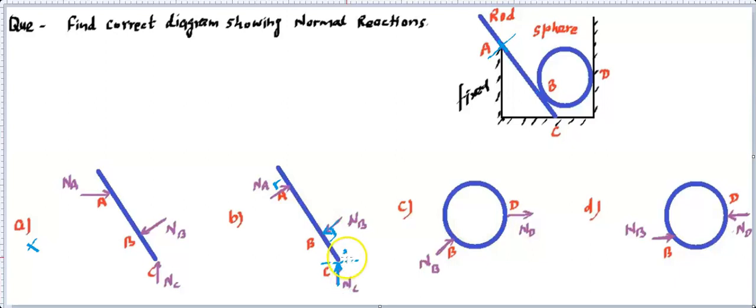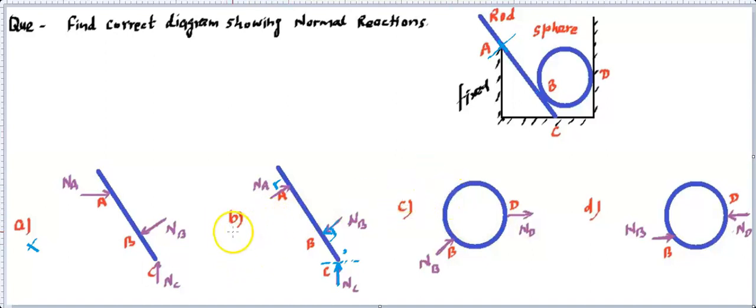So saying the normal reaction is always perpendicular to the rod is wrong. It will be perpendicular to the rod if it is somewhere in between the points. At terminal points, it may be at some other angle, because it looks for the common contact surface, which is the surface of the other object. So option B is correct.